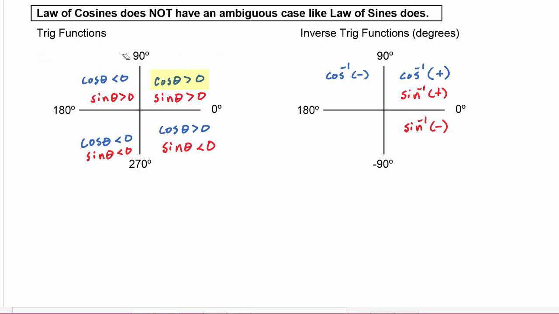But because cosine theta is positive in quadrant 1 and negative in quadrant 2, it is not ambiguous. If we have a positive cosine, it's an acute angle. If we have a negative cosine, it's an obtuse angle.